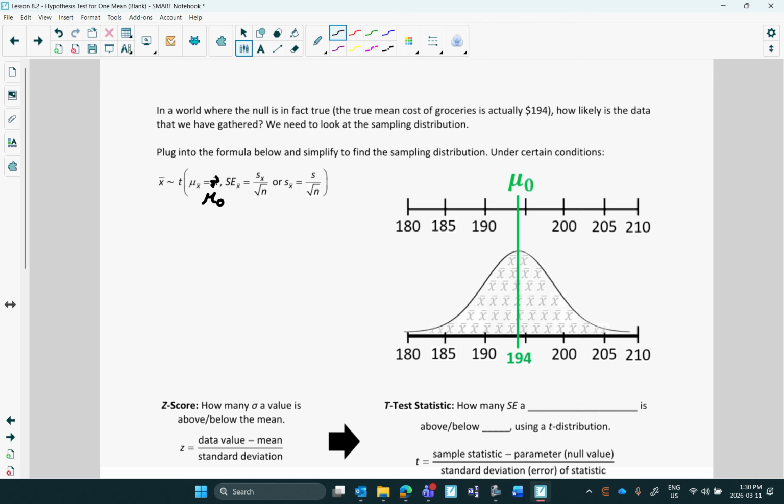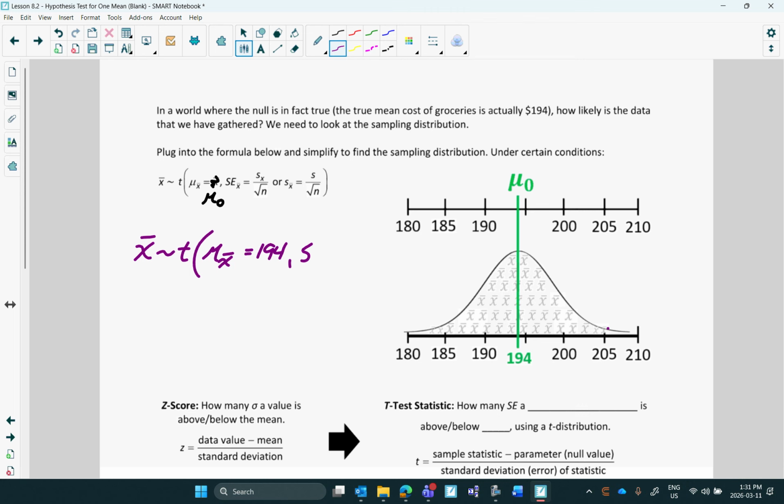But sorry, the average of the sample is the null value. Changed it in my notes. So, according to our calculations, we're using a t-distribution, like so. If we did many, many samples, it would average out to the null mean, which is 194.